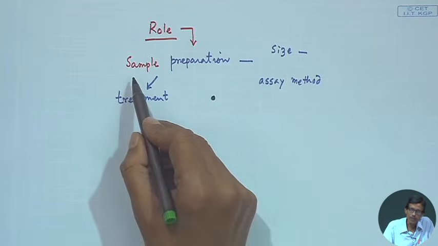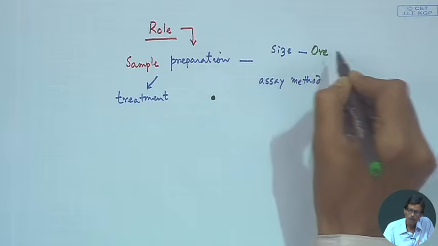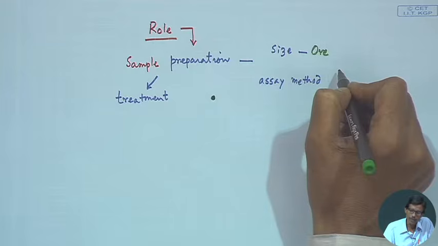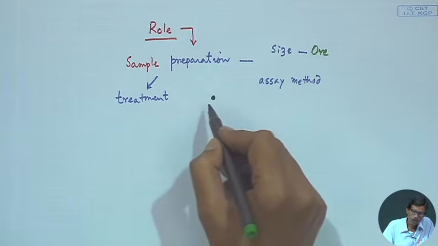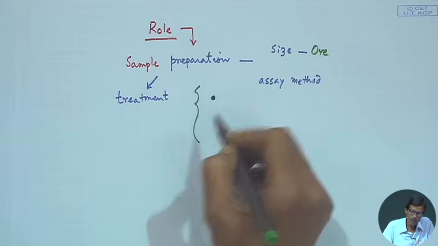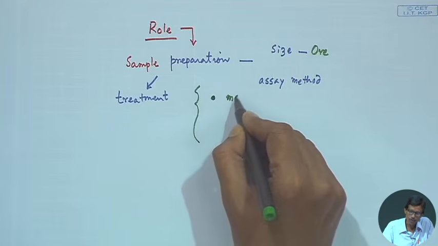To get this sample, if it is ore of very big sizes, we have to break them, we have to pulverize them, we have to make them a powder. So, during this process, for the sample preparation we can find this as the most time consuming step.